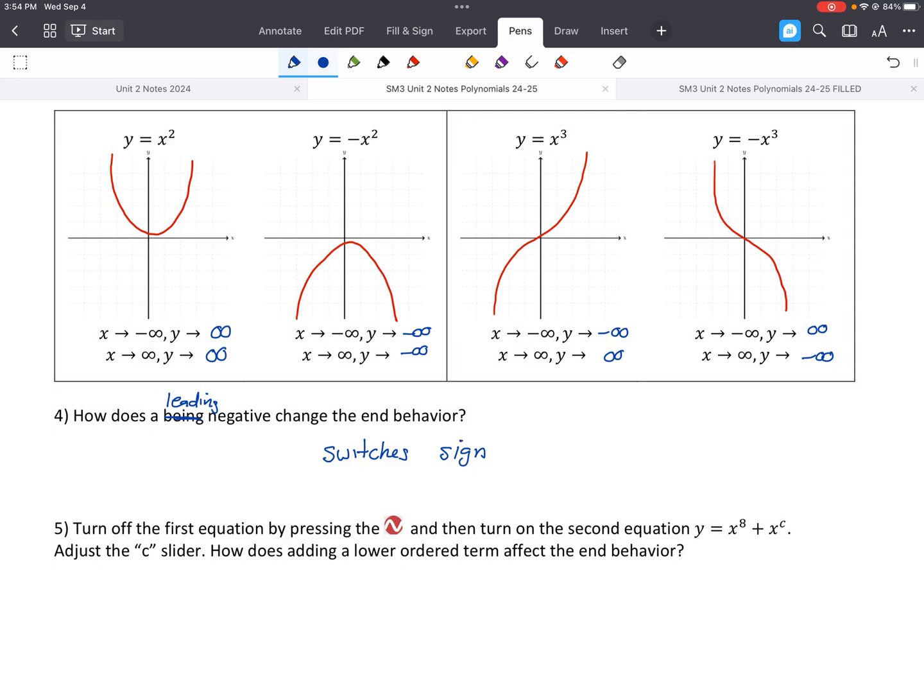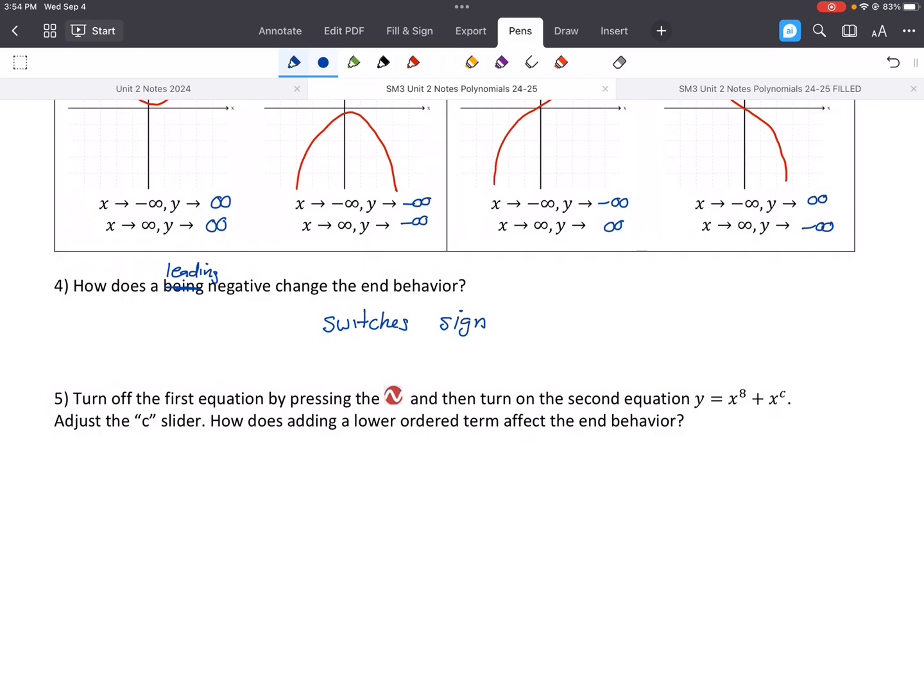If it went up and up for the even degrees, then it's going to go down and down, for negative infinity and negative infinity. If it was a positive odd degree, it was going from negative to positive infinity. Now it's going to go from infinity to negative infinity. So the directions all swap.